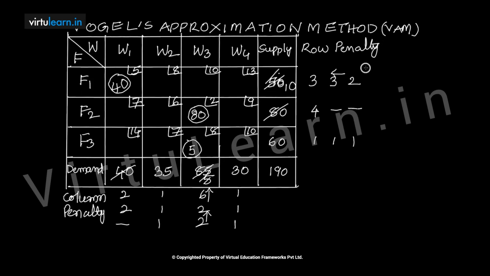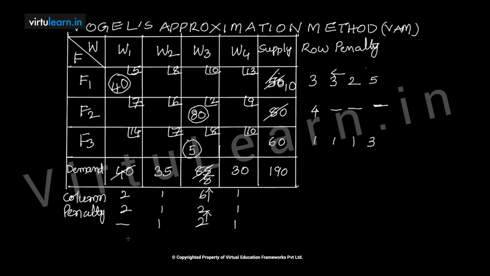That means 5 is the penalty, and then here no, we are not going to use this because that is exhausted. And here we will see 7 and 10 because W1, W3 is not taken into consideration. 7 and 10 means here we have 3.